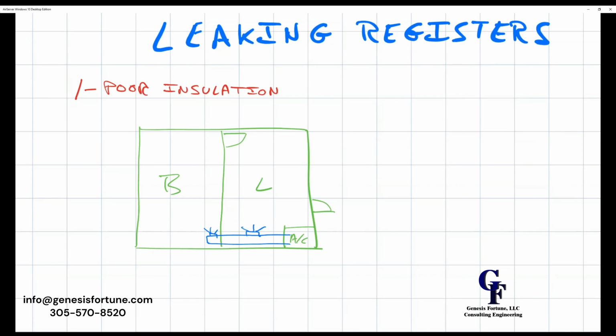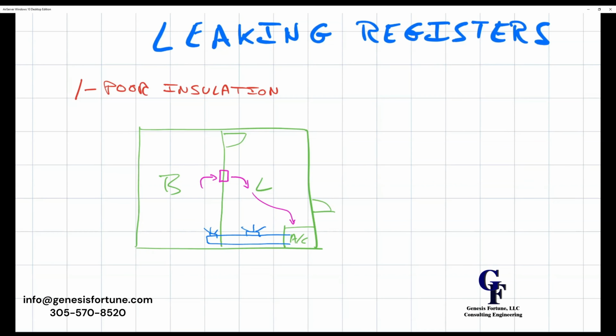If you don't have enough air coming back into the AC unit, meaning there is no return, and there should be one return from the bedroom into the living room. Let's say it could be a wall transfer grill where the air goes like this and like this, because at the end it needs to go back to the machine.